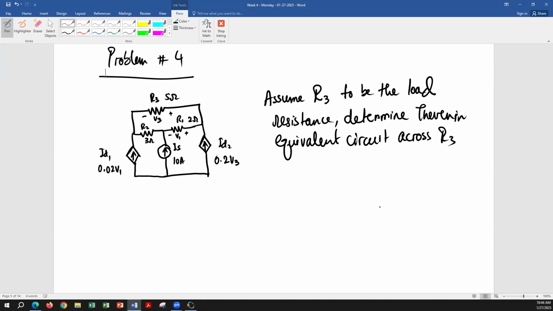All right, so to find the Thevenin equivalent circuit, what is the first step that we need to do? Well, of course, we have to find VThevenin and RThevenin. What should we do to start with V open circuit, VThevenin? We're going to remove R3, of course. So our circuit is going to become this.